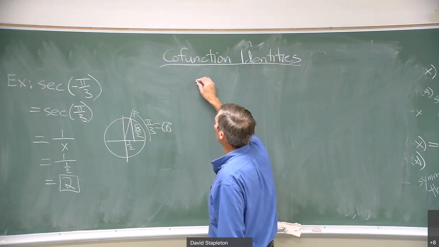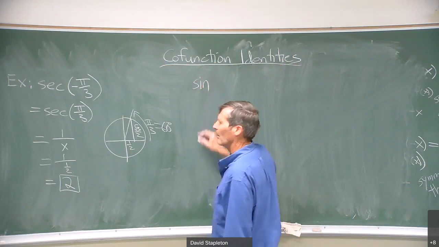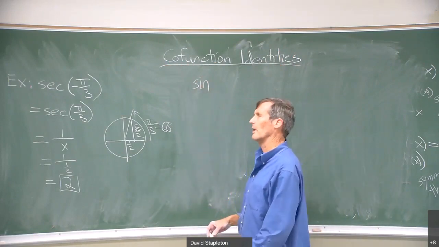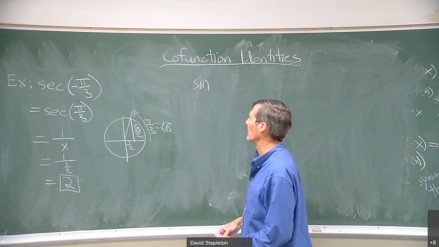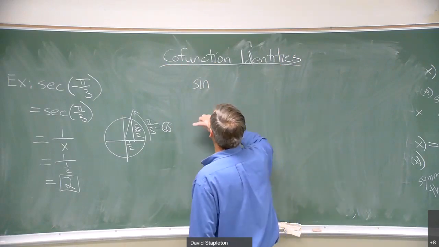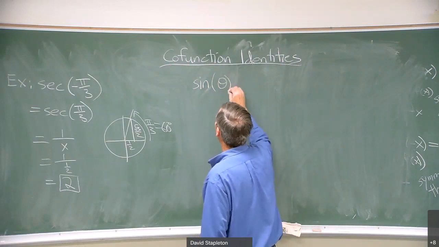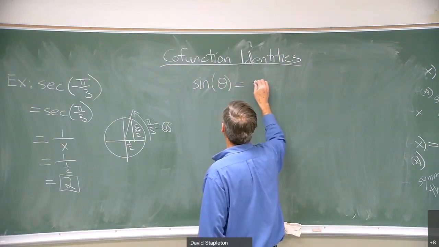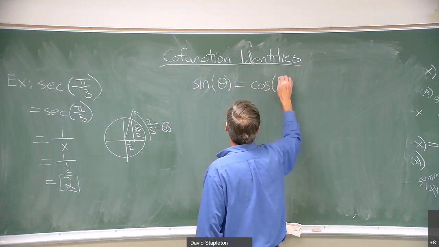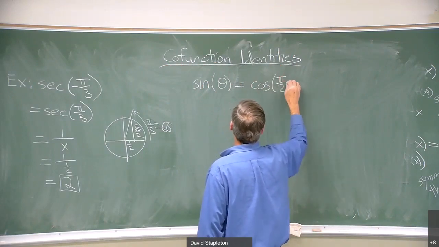For any trig function, you might say, why is this one sine and this one cosine? This one's tangent, this one's cotangent. This is one reason why. If you take the sine of theta, it's always equal to the cosine of pi over 2 minus theta.